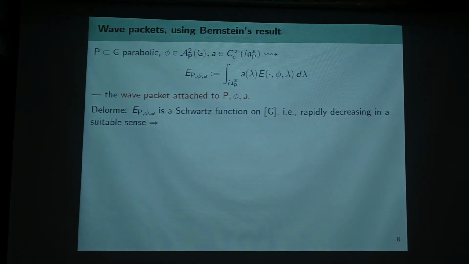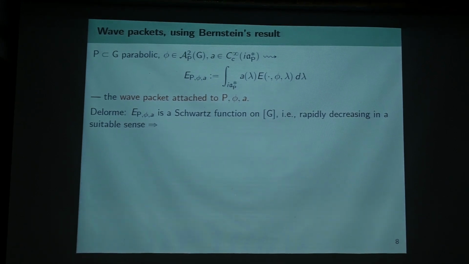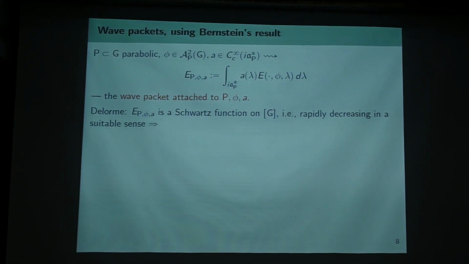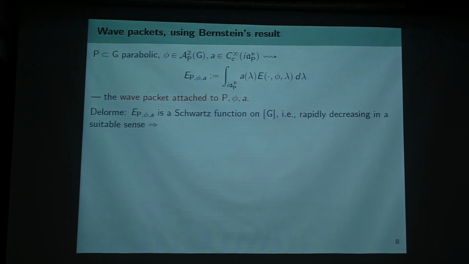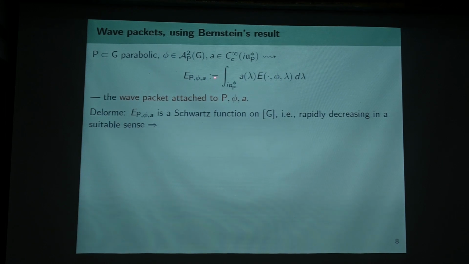We started by discussing the integral over i AP star of E of g, phi of lambda, d lambda, where phi was a function which took i AP star to some complicated space, an induced space from an L2 space.